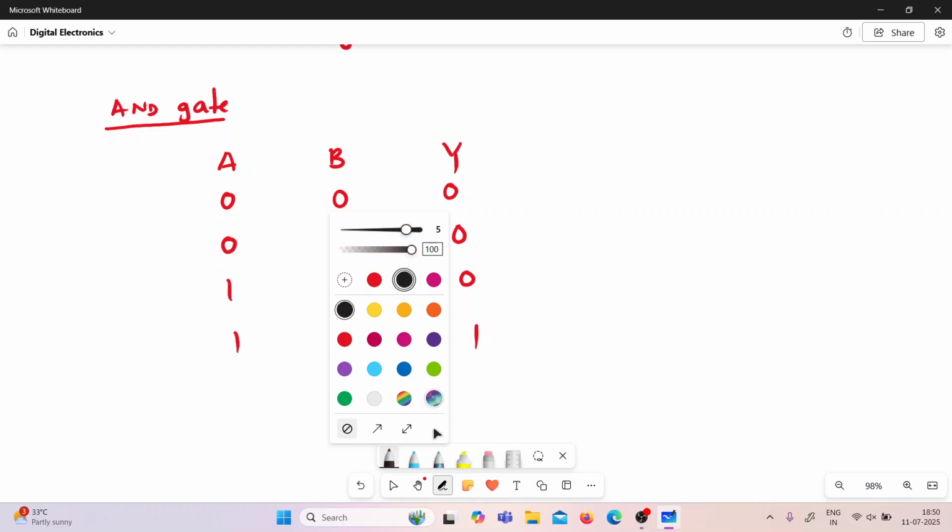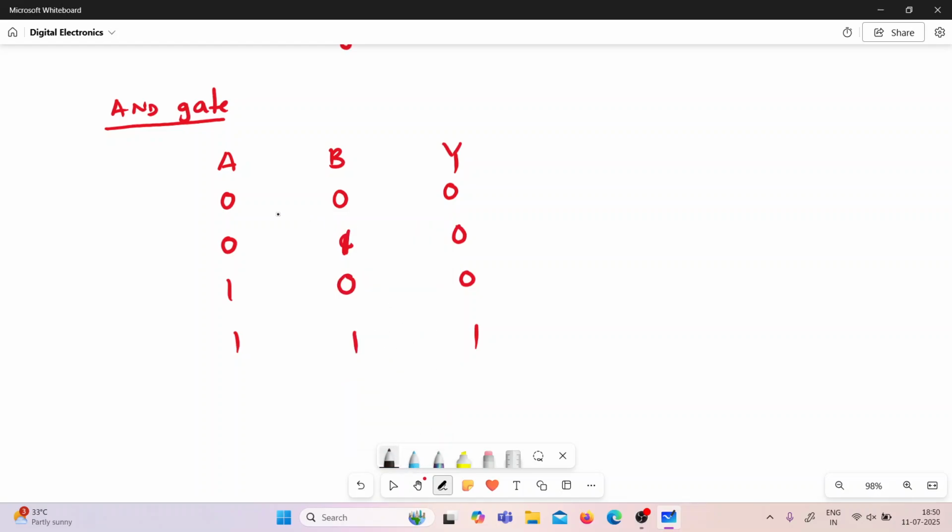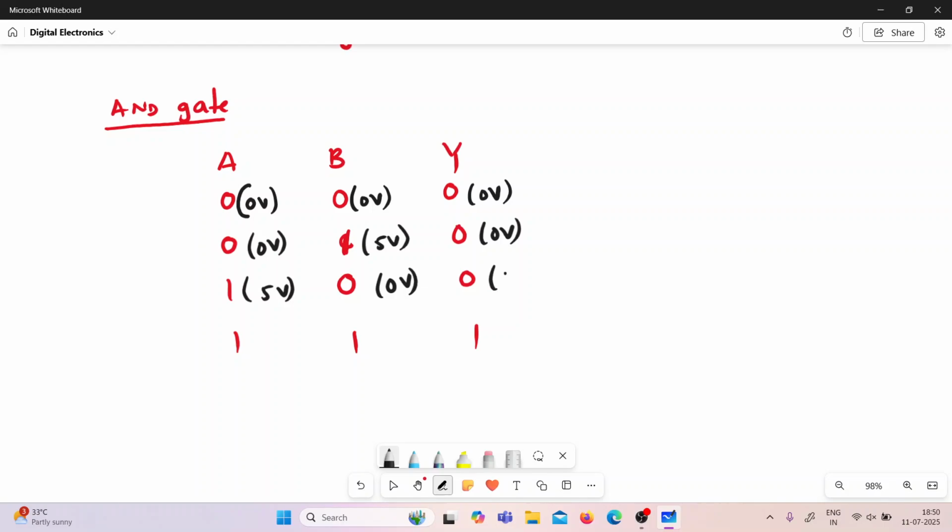In addition to the logic levels, you will do it like this: wherever there is 0, the voltage is 0 volts, and for 1, they have applied 5 volts. The question is asked like this, given in the question. Similarly here, 5 volts, 5 volts, and 5 volts.